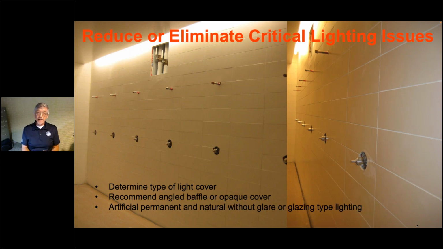Maybe recommend adding some baffles or an opaque cover to that light. Try to tone down the sharpness of that light a little bit. Maybe if it's LED lights, maybe a baffle can help. Maybe changing those lights out for a softer type of light will help. And it will make that installation that was installed to meet the standards end up looking terrific.